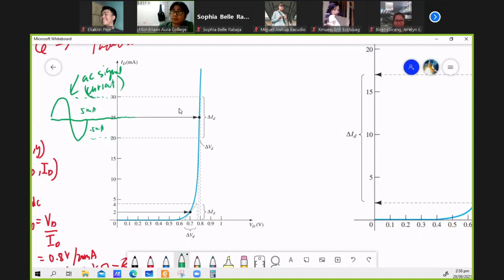Okay? So kapag kinuha natin peak-to-peak current, that's just equal to 30 minus 20 is equal to 10 milliamperes. Or pwede rin naman twice the value of the absolute value. So we have 2 times absolute value of the peak current. This is equal to 10 milliamperes. Pwede rin naman to. 30 minus 20 is equal to 10 milliamperes.